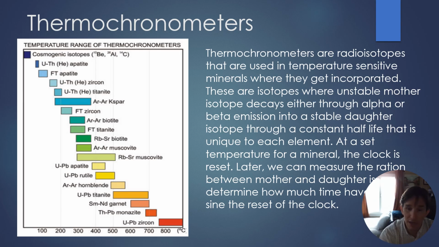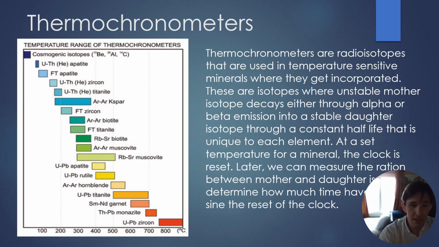The system becomes a closed system, and in a way we start a stopwatch. When a rock comes to the surface and we count the proportion between mother and daughter element, we can tell, knowing the half-life of this element, when the stopwatch was started and how much time had passed.